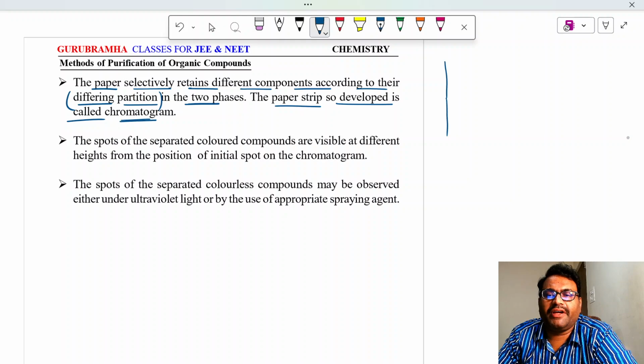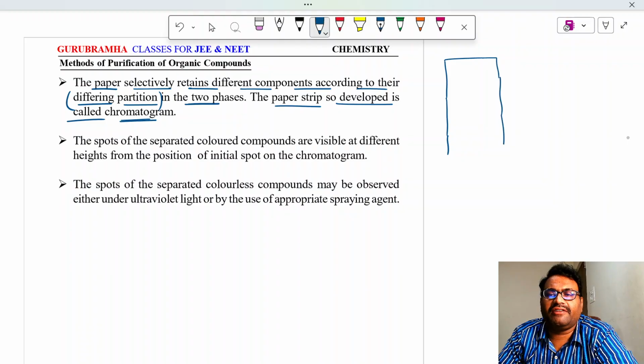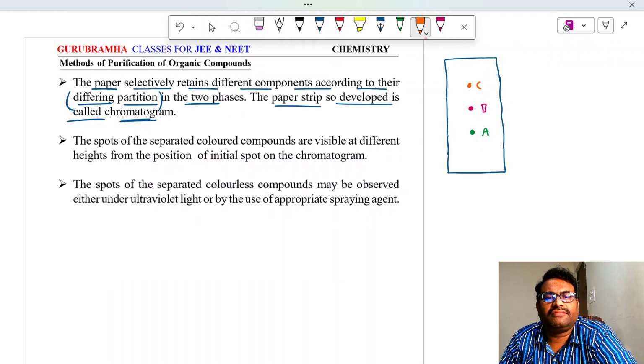So this paper, after the chromatography technique is completed, you will find separated A, B, C. The paper strip so developed is called a chromatogram.